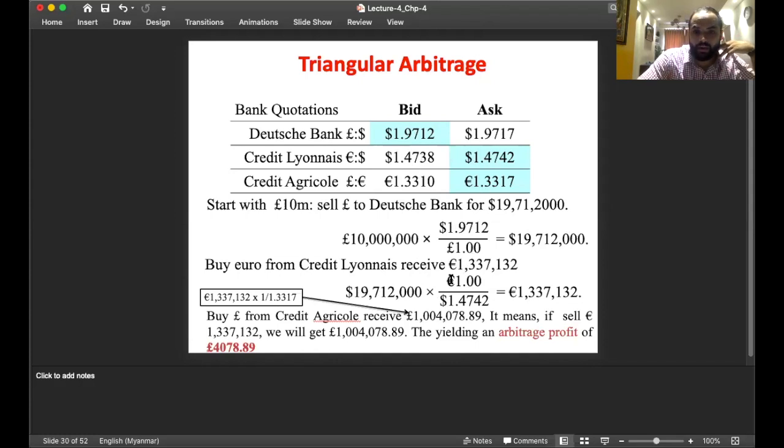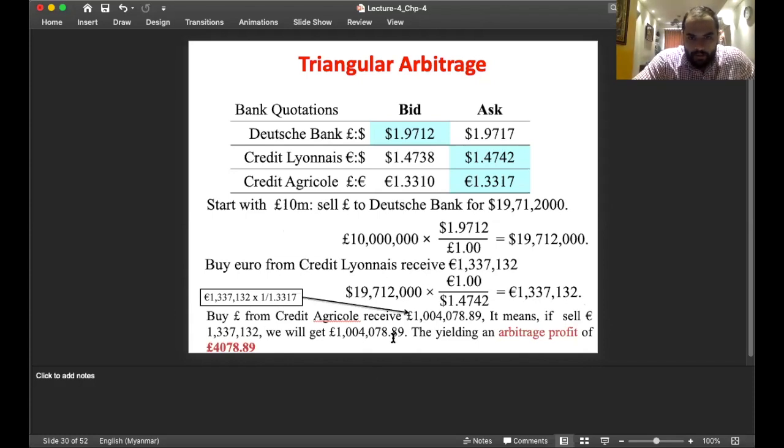We get the indirect quotation, American terms, because the sign is in USD. So 1 divided by 1.4742 gives you euro. For 10 million, you got 1,337,132.